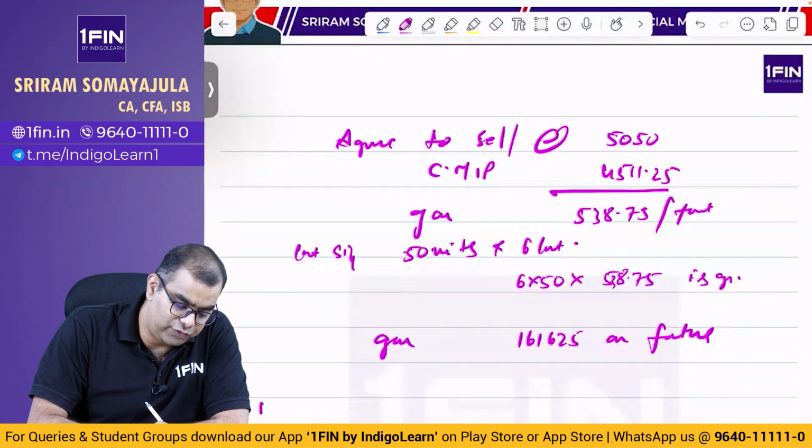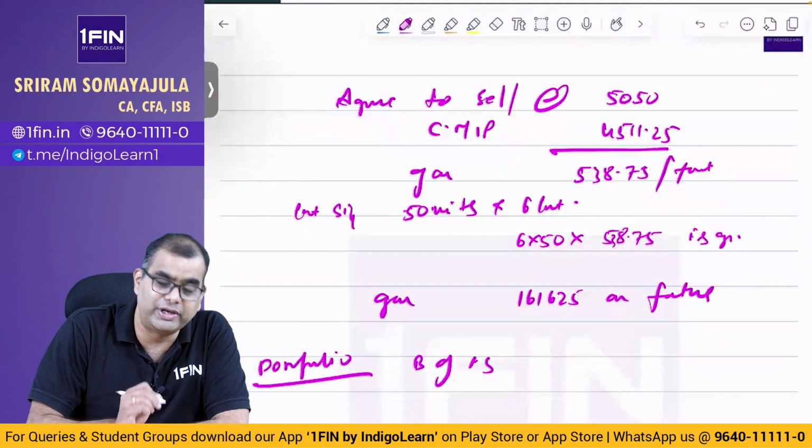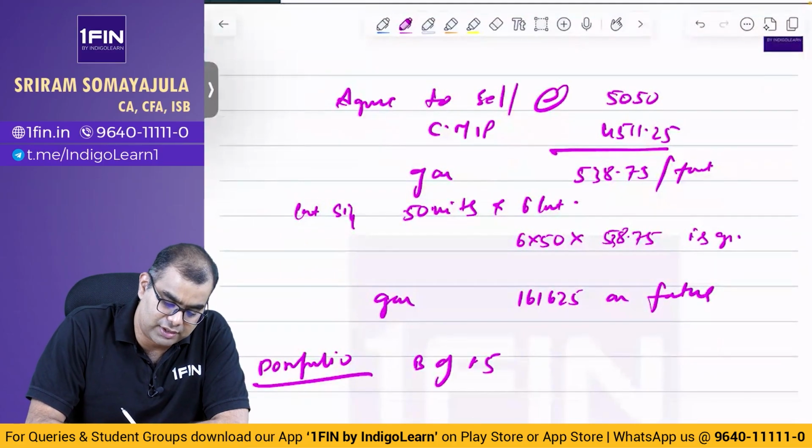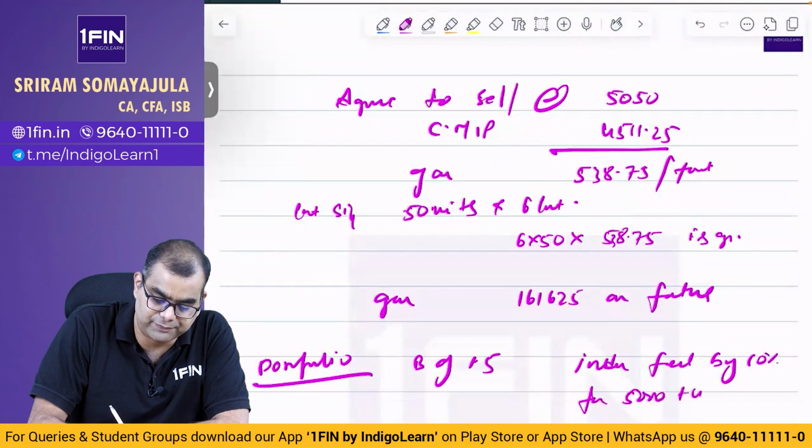And your portfolio, what happened to your portfolio? Portfolio has beta of 1.5. So the index fell by 10% from 5,000 to 4,500. Correct?